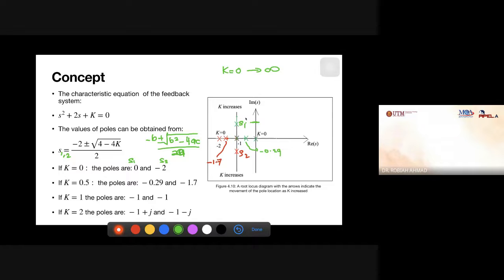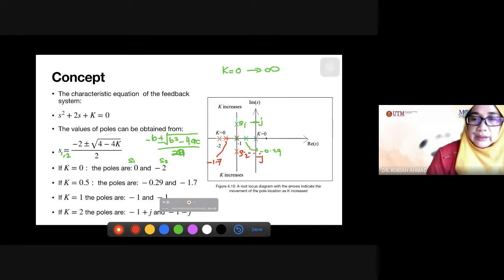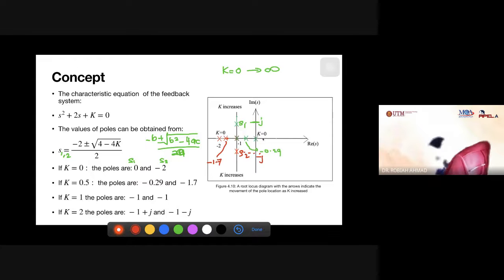Here because it is the imaginary axis. Minus J. Okay. So if we look here, this is the pattern of what happened when we start to increase the K. For the first pole, it starts from 0, and then goes here, and finally goes upward.